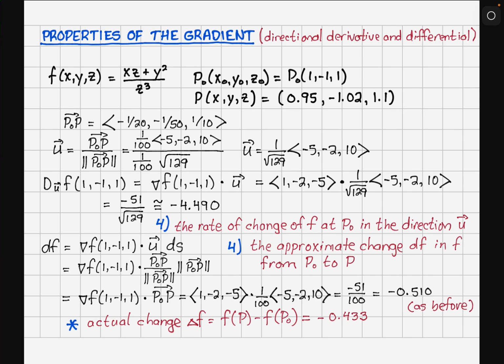Practice using the gradient in all of these contexts, particularly to create tangent objects to level curves, surfaces, or larger dimensional figures, and using the gradient in the directional derivative to calculate the differential.